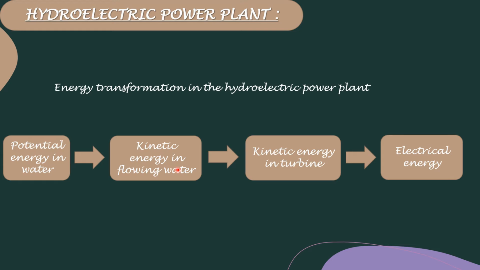Then the fast flowing water is brought from the dam to the turbine at the bottom of the dam, and the kinetic energy of the flowing water drives the turbine. Then the turbine rotates the generator connected to it, which in turn produces electrical energy.